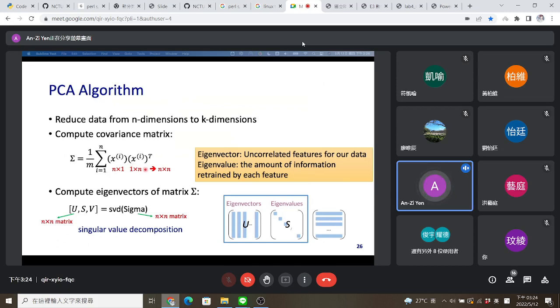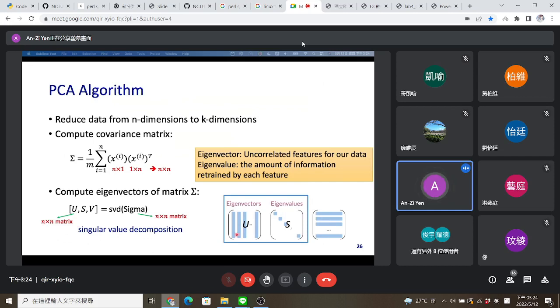So the product of these two is going to be an n by n matrix. The singular value decomposition outputs three matrices, U, S, and V. The thing we really need from the svd is the U matrix, which will also be an n by n matrix.